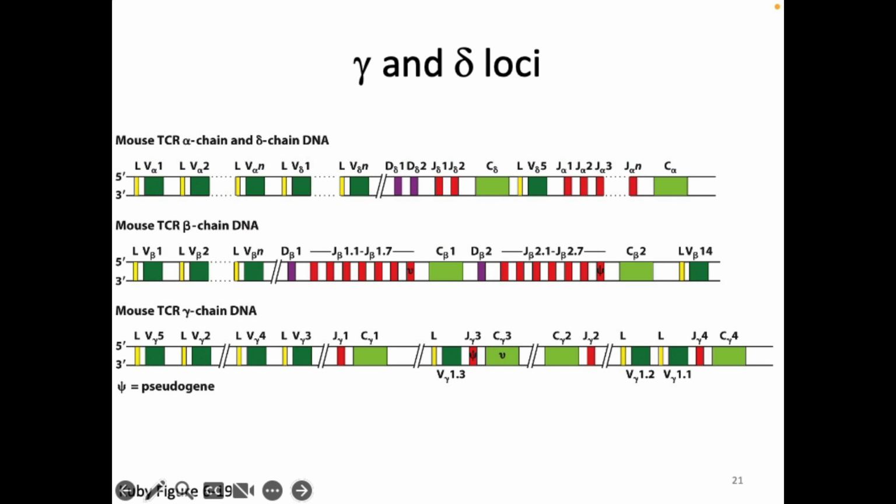But then at the top, we've got V alphas, and then V deltas, D delta, J delta and C delta, and then J alpha and C alpha. Delta, the whole delta locus, is in the middle of the alpha locus. And this is true in all of these different organisms.